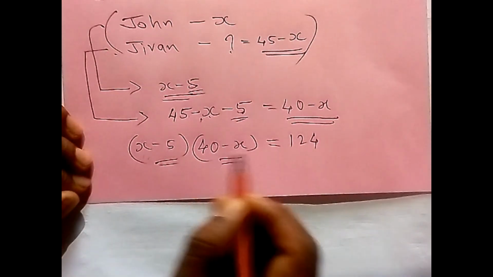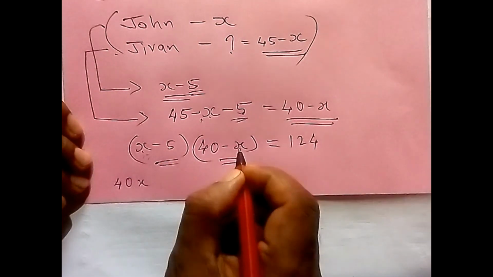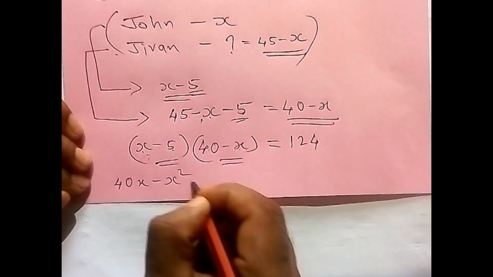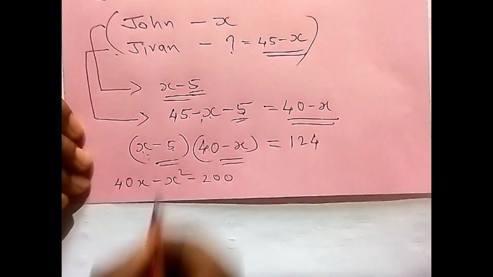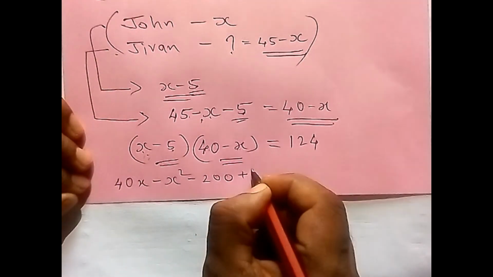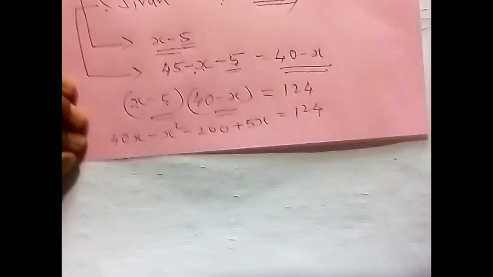Now can we multiply this? 40x, x into minus x square, minus 5 into 40 minus 200, minus 5 into minus x equal to plus 5x equal to 124.